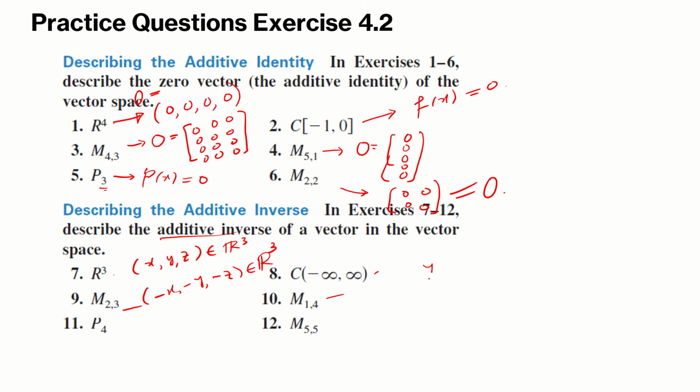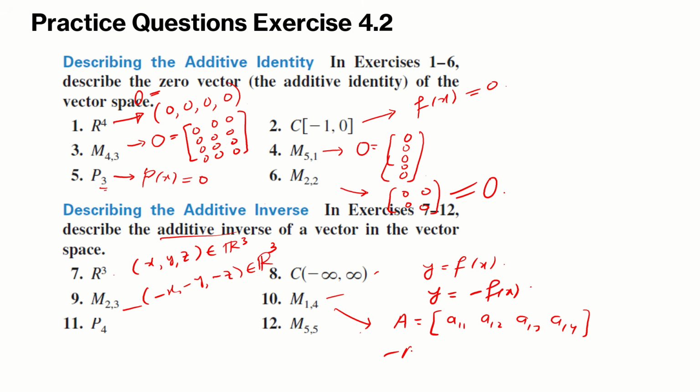Function is if y is equal to f of x is a continuous function, right? तो इसका जो इन्वर्स आएगा वो y is equal to minus f of x होगा, and so on. अगर हम मैट्रिक्स की बात कर रहे हैं, it's a 1-4 order matrix, so we take a matrix A that will be A11, A12, A13, A14.